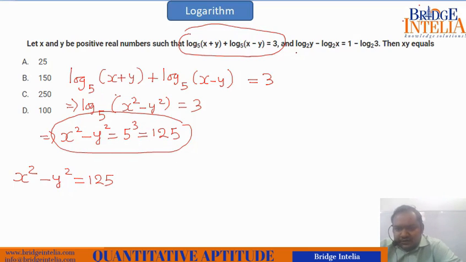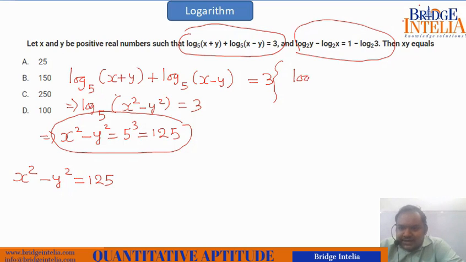Now let's try to solve the second equation and see what we can figure out. Both the bases are same, so we'll apply the division or subtraction rule. This can be written as log (y by x) to the base 2 is equal to, now 1 can be rewritten as log 2 to the base 2, minus log 3 to the base 2.